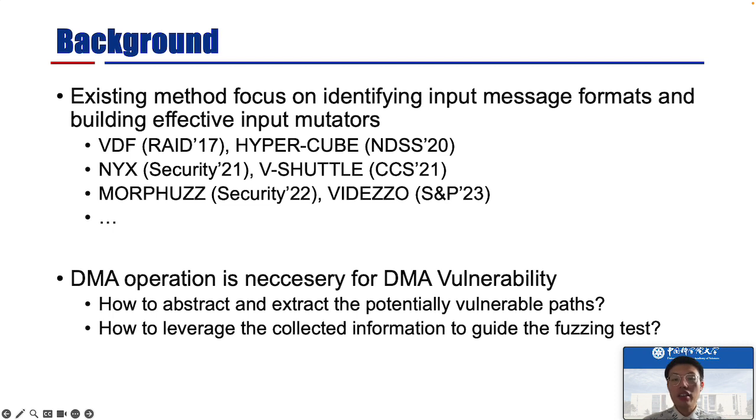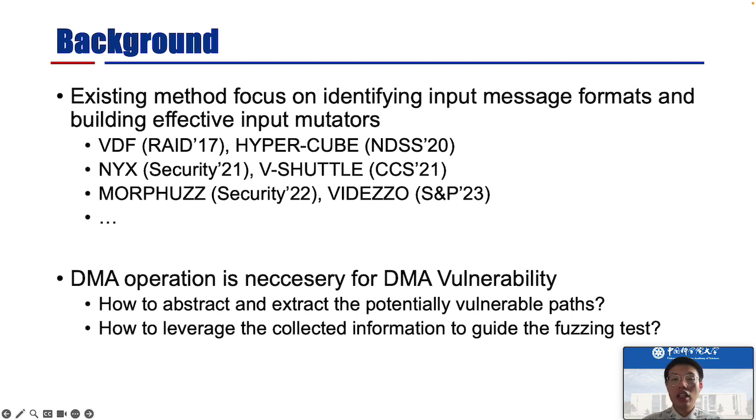It is important for virtual device vulnerability discovery, and our research is based on these previous works. However, a valid input is still some distance from the vulnerable paths, and DMA operation is necessary for DMA vulnerability. And we face two challenges.